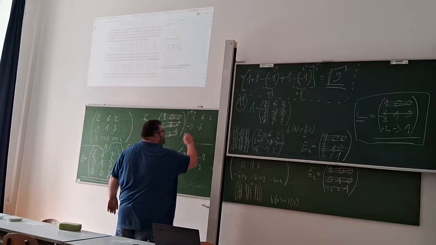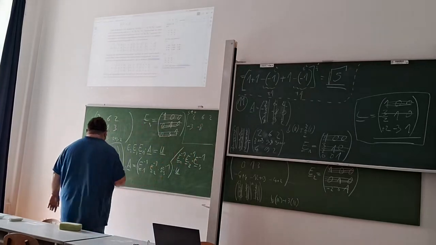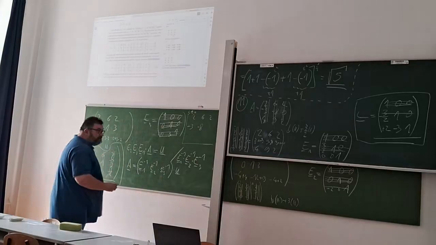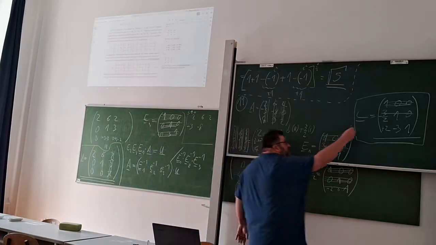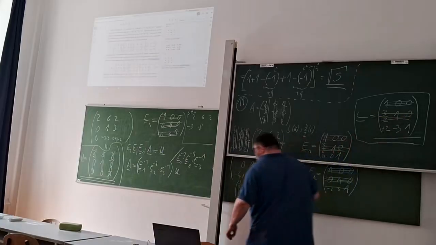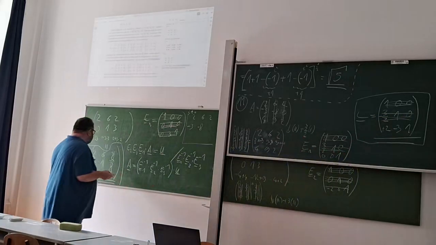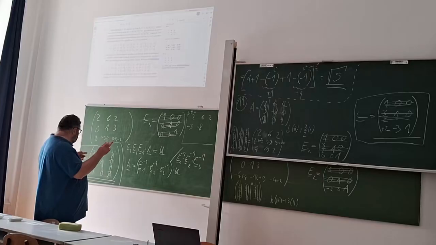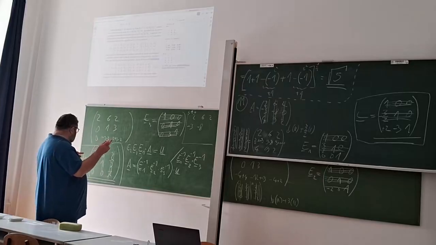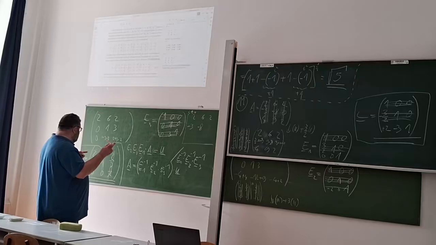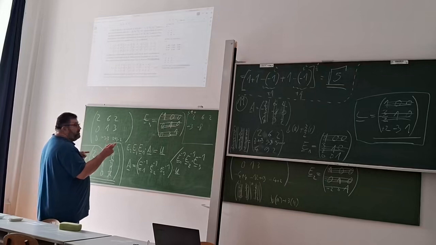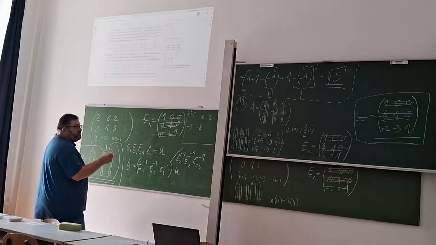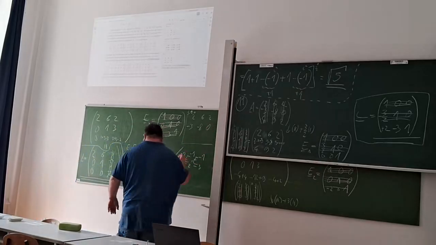That's minus 8. Then I really like it. It's minus 3 plus 3, that's 0, and 7 times 0, that's 0. Okay?